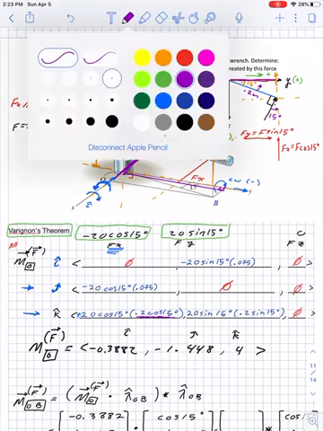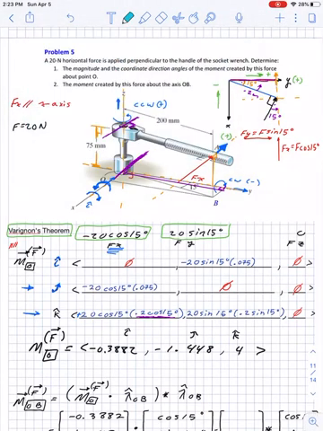Okay, so we're done with f of x, and now let's pick a good color that we could see. Maybe not that color.